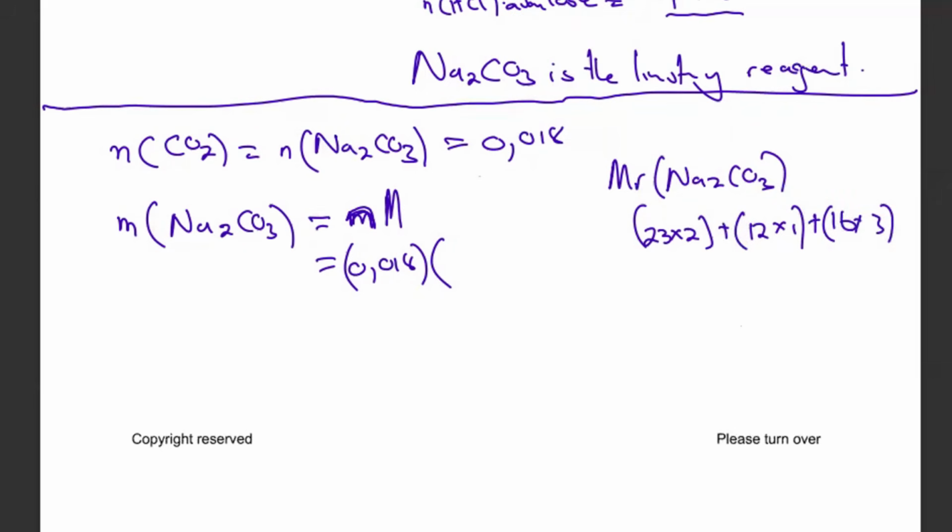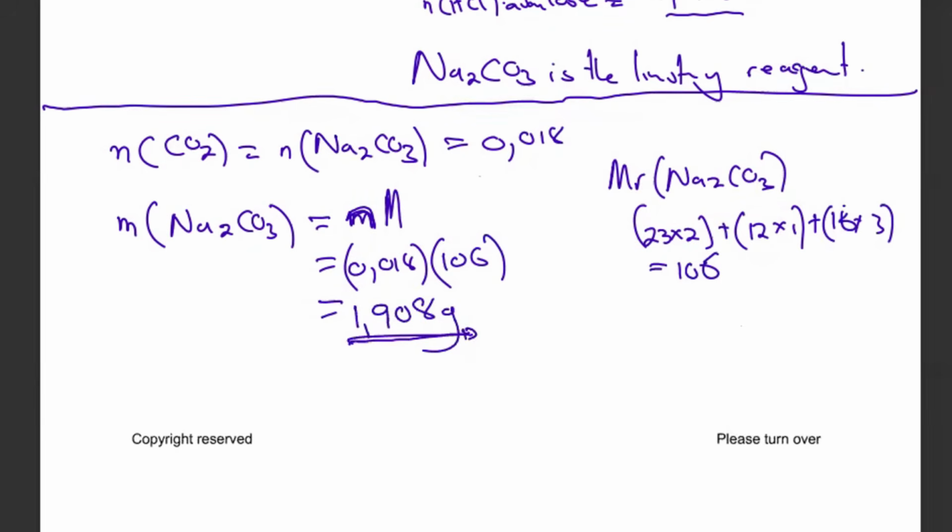So we multiply 106 by 0.018, and we get 1.908 grams, because this is the mass. This is the answer that you're going to get.